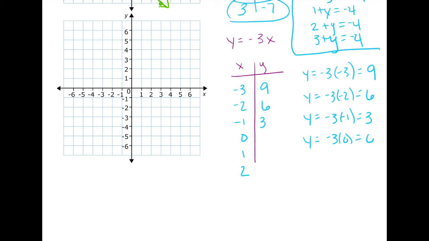Well, anything times 0 better be 0. Now we're going to plug in 1. Now remember, a negative times a positive is a negative 3. And now when I plug in 2, again, a negative times a positive gives me a negative 6.